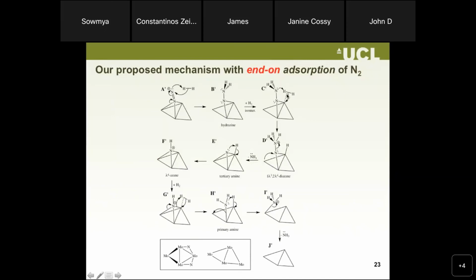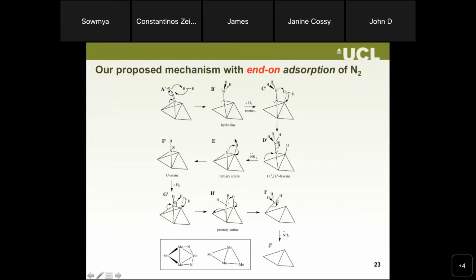Then hydrogen molecularly adsorbs to the molybdenum cluster and transfers a hydrogen, forming this diazine intermediate that readily dissociates, forming a tertiary amine and dissolving ammonia. Then this azane intermediate reacts with molecularly adsorbed hydrogen on the molybdenum cluster, forming NH2, then NH3, which then desorbs.